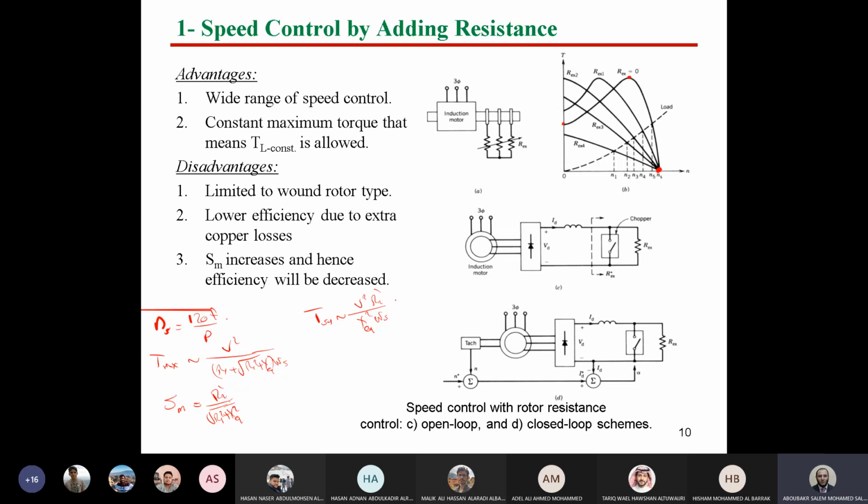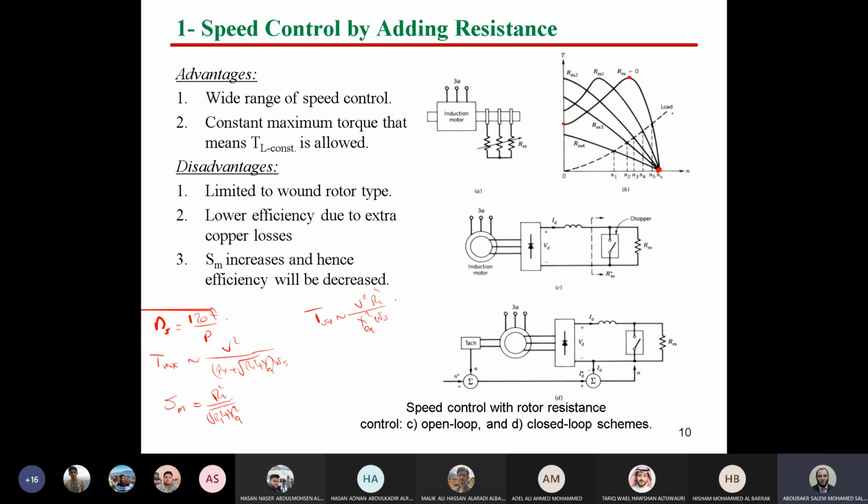In order to understand, guys, how the characteristic will move, you should recognize the 4 relations. As you can see, NS is constant. What's the meaning of constant? It means that in the adding resistance case, because NS is not a function of R2 prime, if you change the value of R2 prime by any value, all of the curves will start from that point.